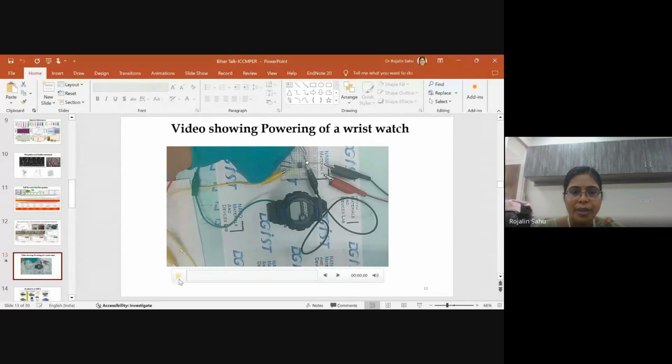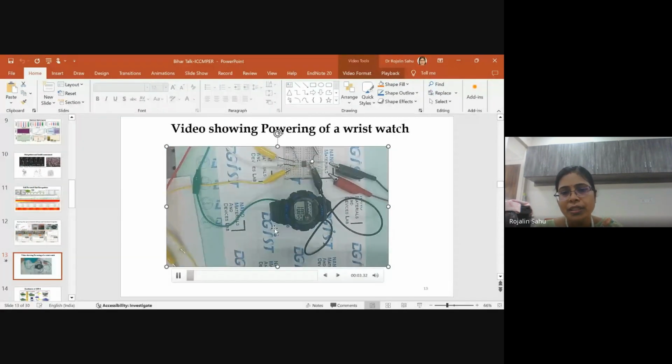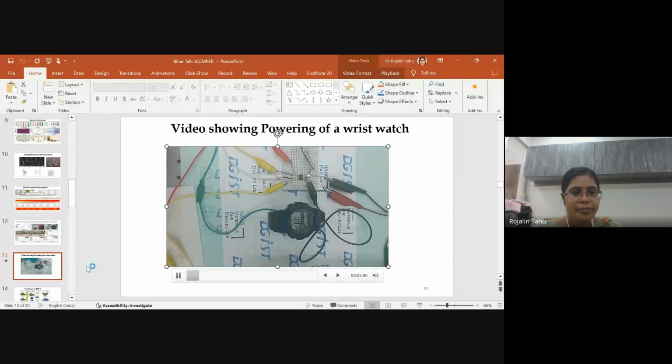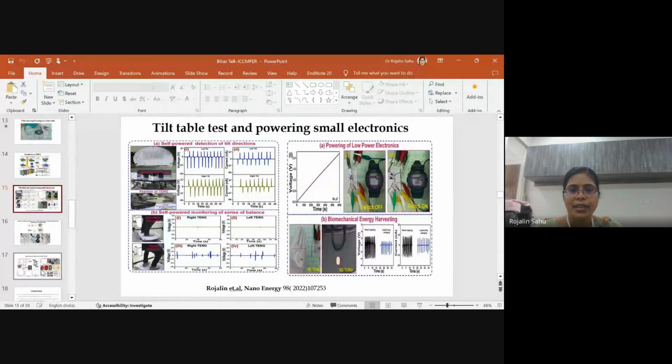So here, this is the video where the device is used to power up a wristwatch. And again, we have synthesized ZIF-8 and ZIF-67 to use for the TENG device. And here we have used the application in a different way, for the tilt table and powering small electronics.